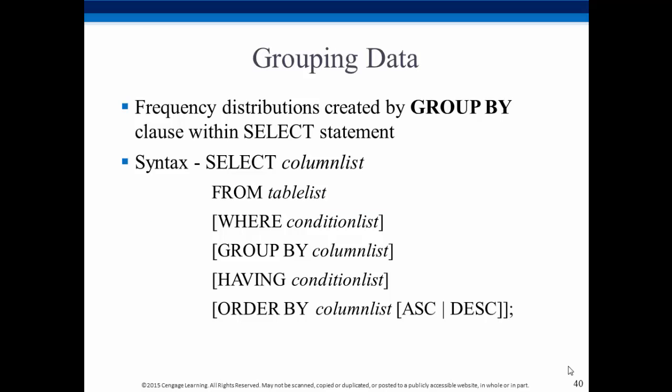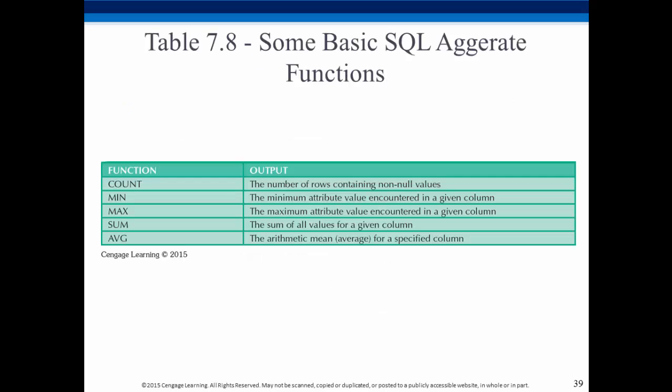Alright, group by, oh, I didn't finish up. Okay, sum. The sum function computes the total sum, so you can sum the customer balance from the customer table and get the value there.